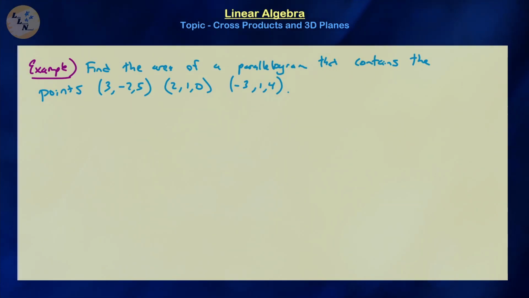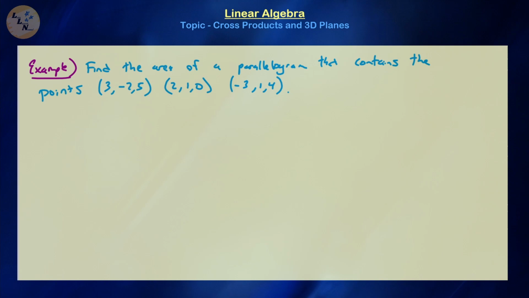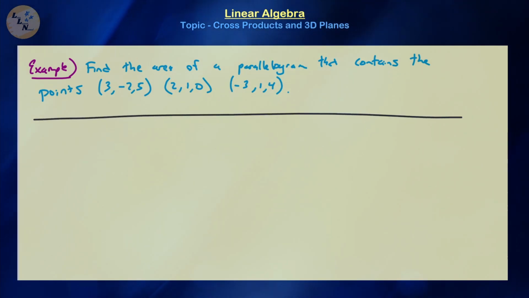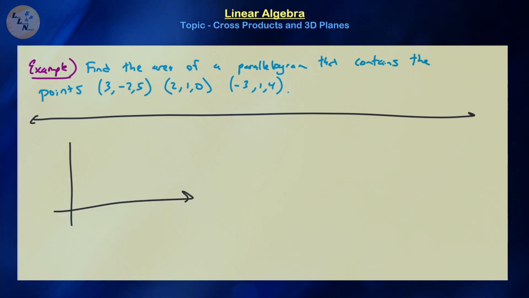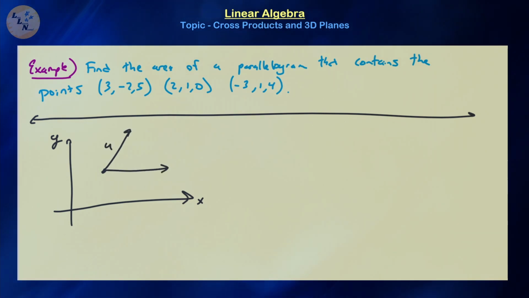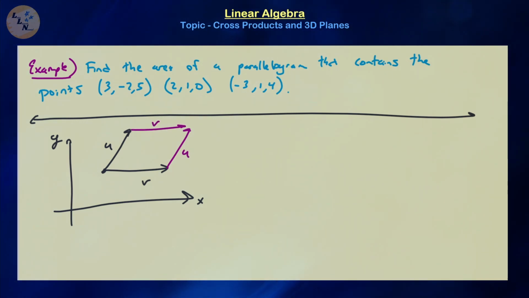The next problem that we're going to look at is the following one. Suppose we're interested in finding the area of a parallelogram that contains these 3 points in 3D. Now you may have seen a problem like this in the two-dimensional world. Remember, if we have our coordinate system x and y, and let's assume we have u and v located here, we can always make a parallelogram by translating u and translating v, and that's going to generate a parallelogram.